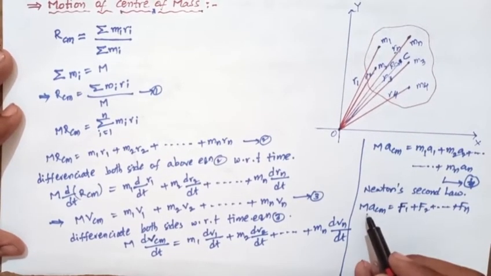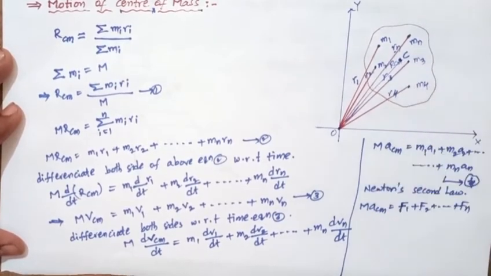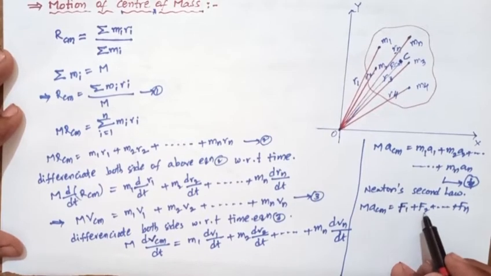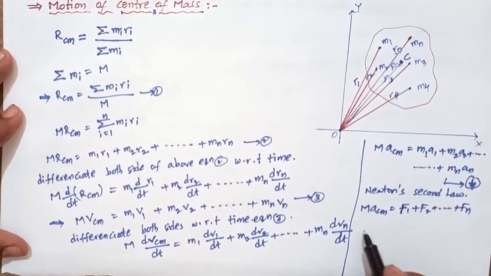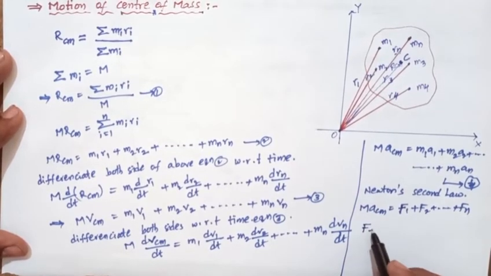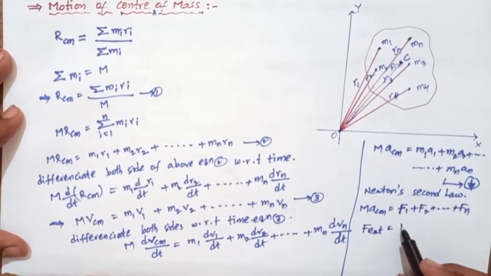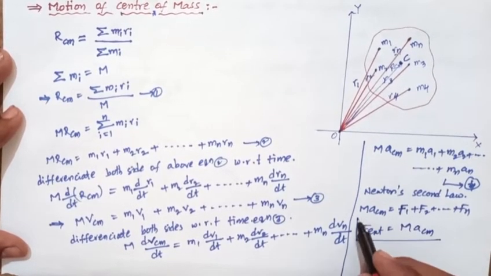This equals the mass times the acceleration of the center of mass of the particle. So it is the external force: F external equals M Acm. So this is the equation.